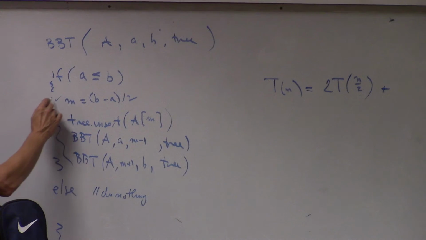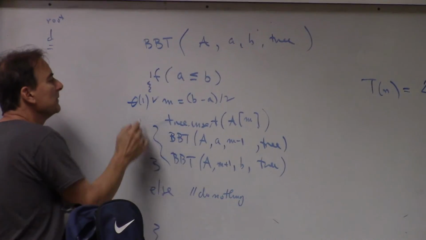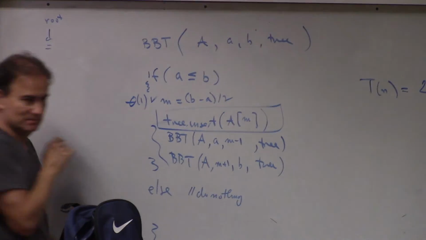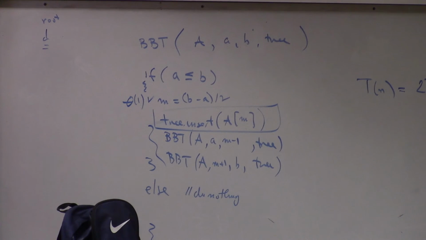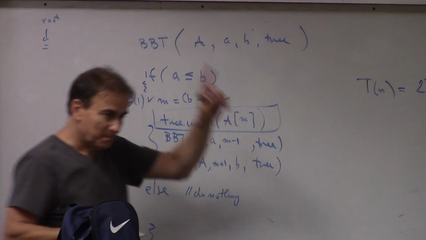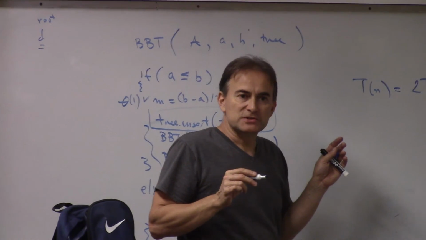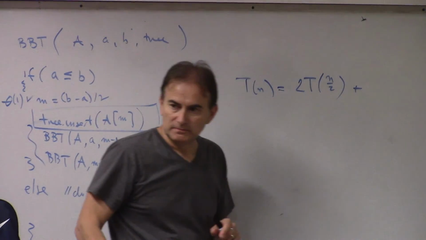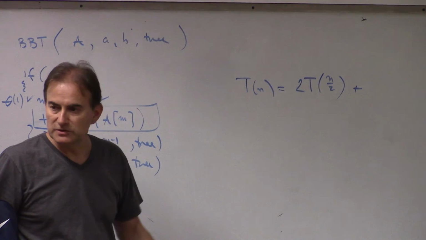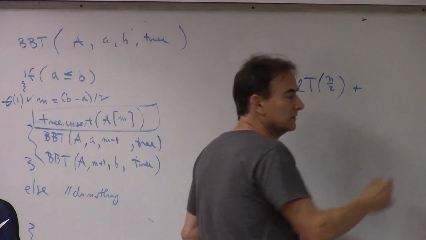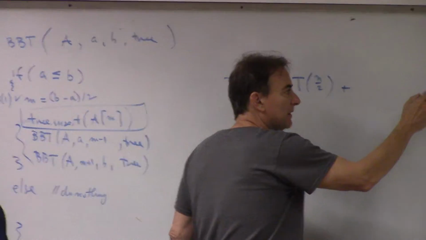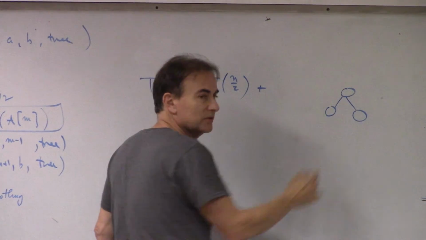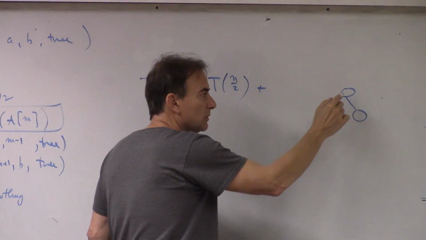Well, the actual cost here is only theta 1 here, but this is tree insert. That's a problem. Because how do we count the complexity of insert? Well, inserting a root, we're going to say is free. Pointer is null, set it. But when we insert the next one, we compare once.